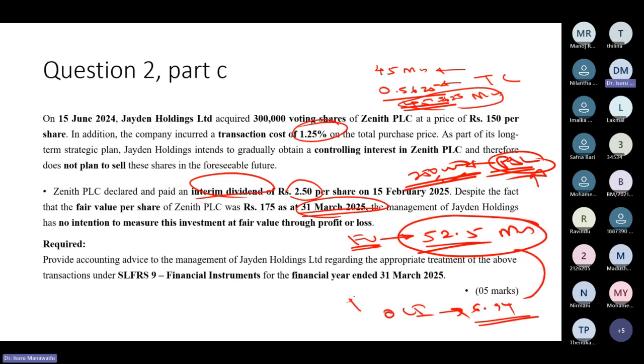Fair value change. Did you get that answer? What's the fair value change?